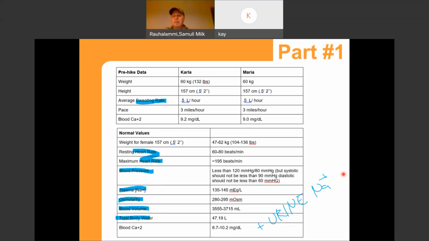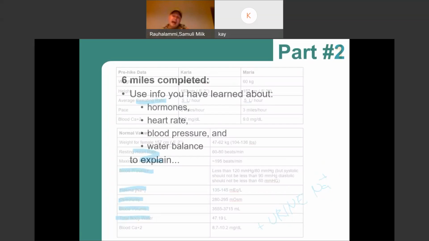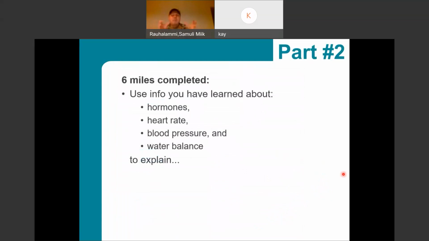So let's have a look at part two of this activity. This part two looks at both Carla and Maria, who faced different kinds of challenges, although they were similar in all important starting characteristics in the early part of their hike. So now they've hiked only about 6 miles or so.